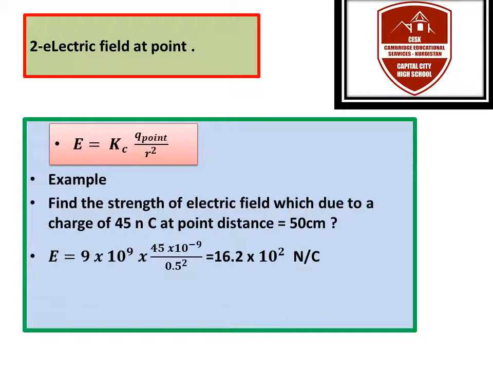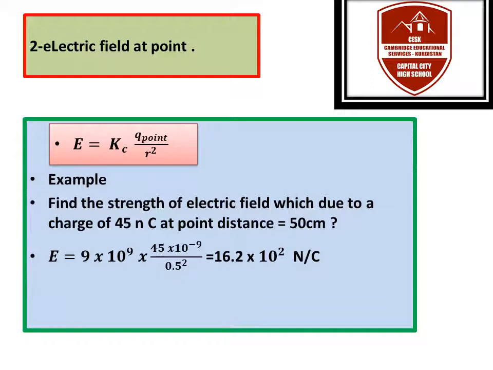For example, if he asks about 25 centimeter, the answer will be different from 50 centimeter or 70 centimeter. Why? Because E is inversely proportional to the square of R.